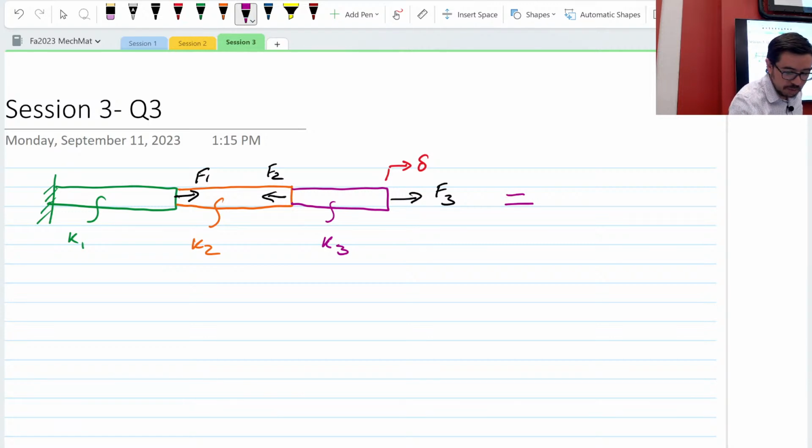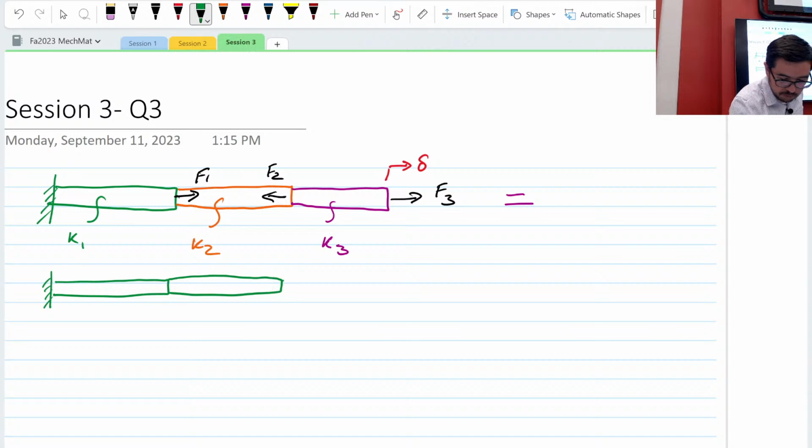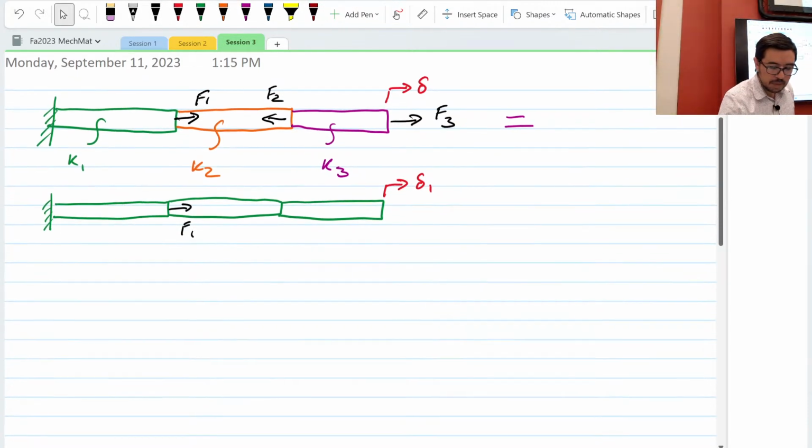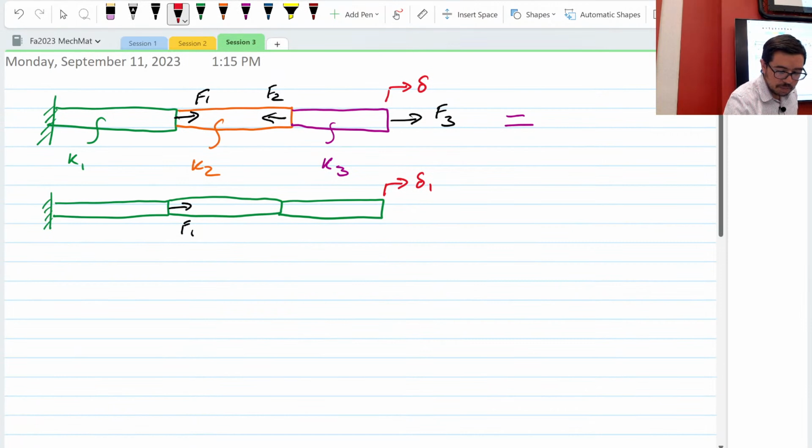We're going to say, what is the response just due to F1? So F2 and F3 are 0. Okay? Then we're going to add this up, and we're going to look at the response.